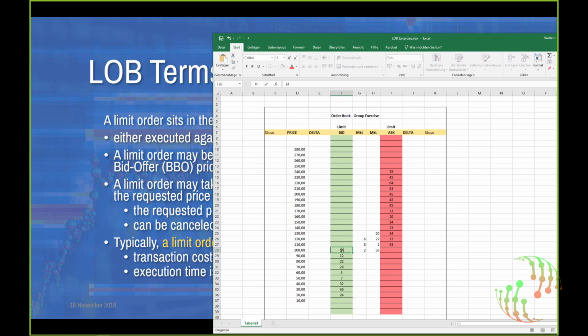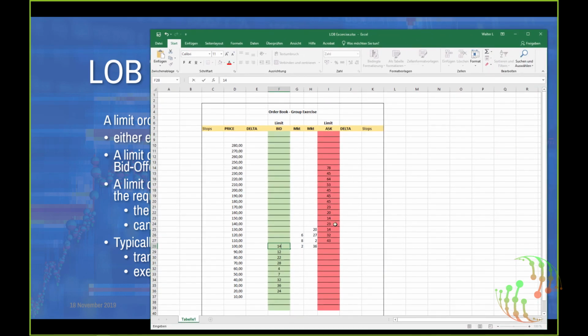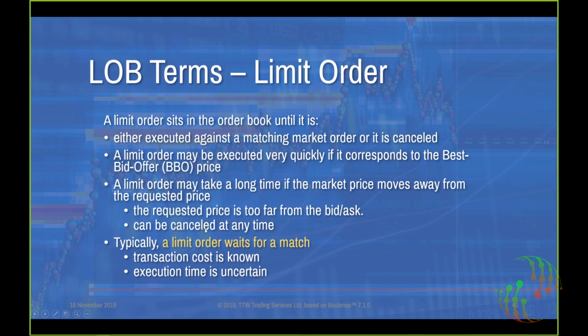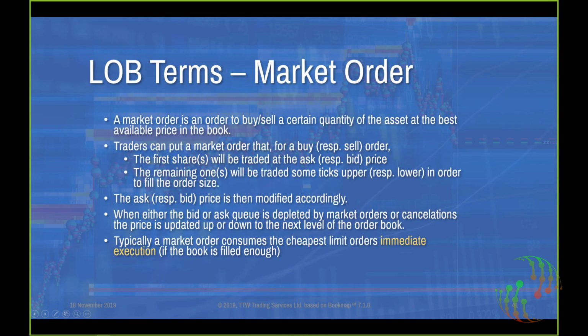That means if the price moves down, someone or you or whoever is trading on the limit order side is sitting here and waiting, and the price moves and never touches this level here. So either you have to cancel it, or you wait until you get a match. A limit order book is, very briefly said, bookkeeping for every single trade.